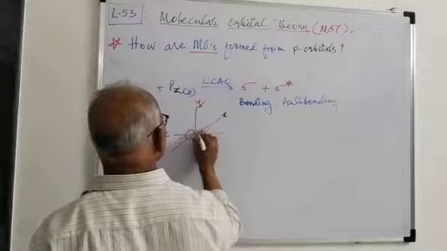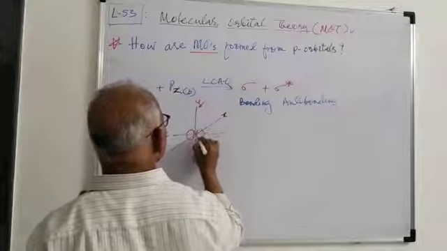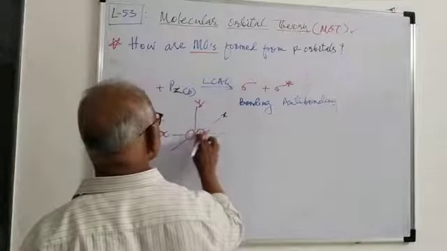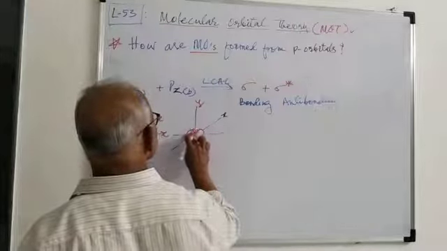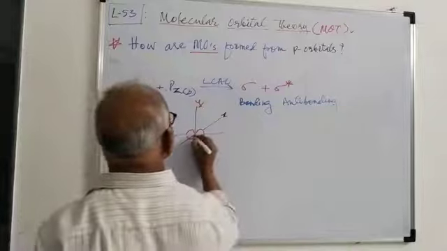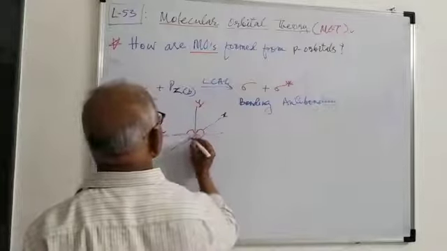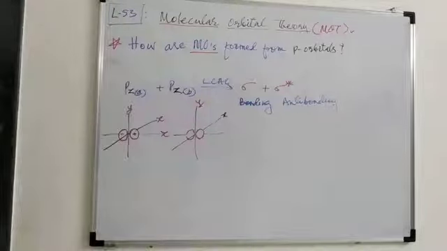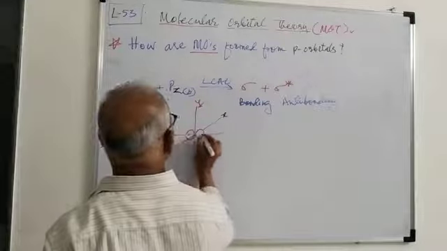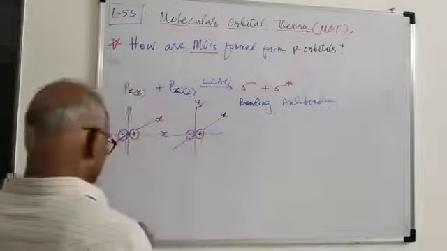These are the lobes of the pz orbital, and they have the same type of signs of wave functions, say minus and plus.